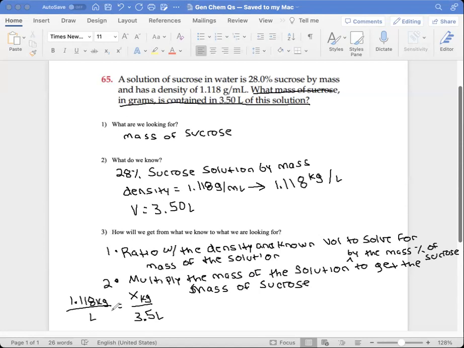So as we can do when we have ratios like this, we can cross multiply. So we multiply 3.5 liters by 1.118 kilograms, and that is going to give us 3.913 kilograms times liters. And this equals X kilogram times 1 liter.